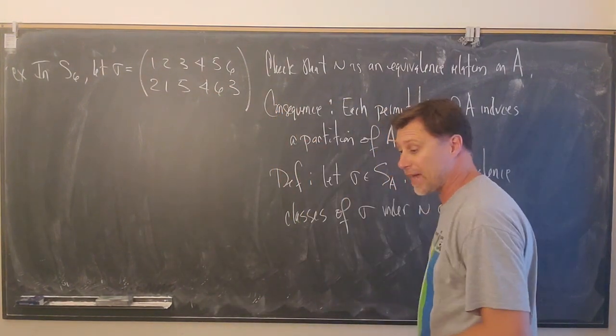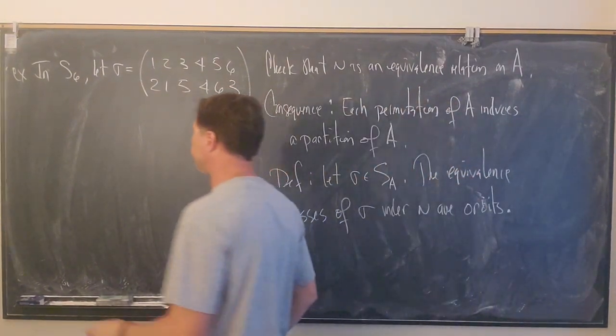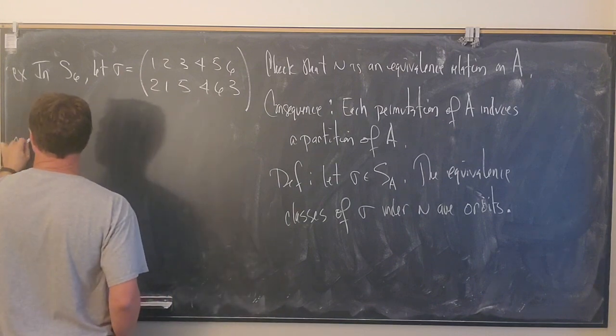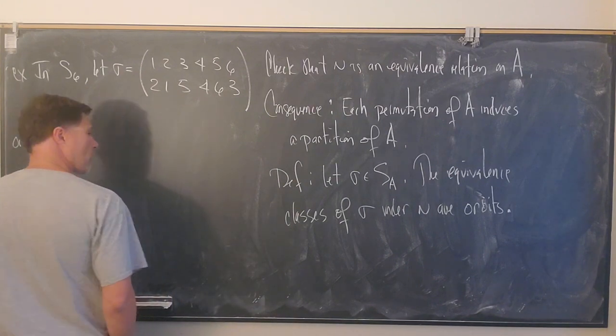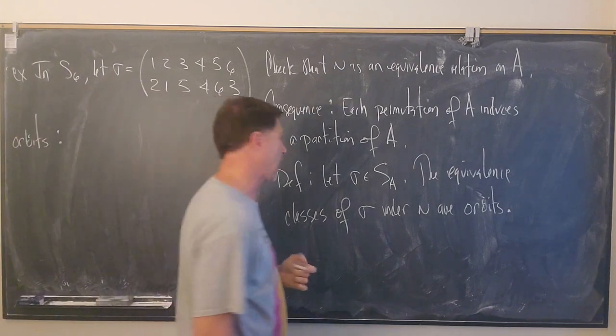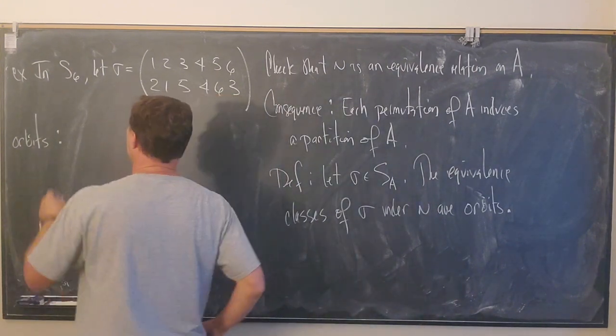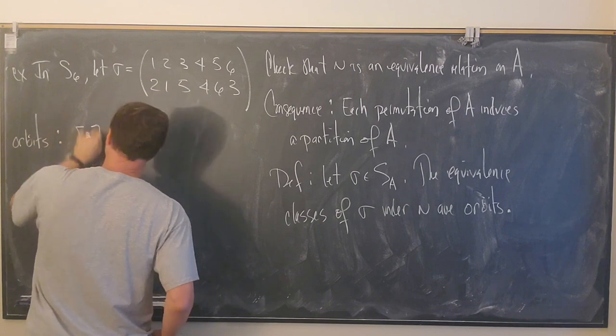And what I'd like to do is identify the orbits. Remember, the orbits are equivalence classes, so let's just start with 1. Who is the equivalence class of 1?